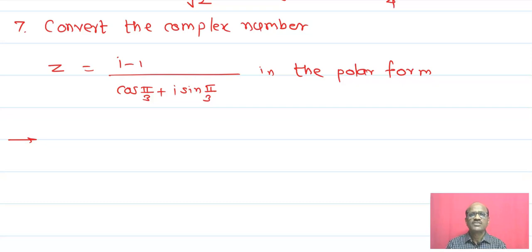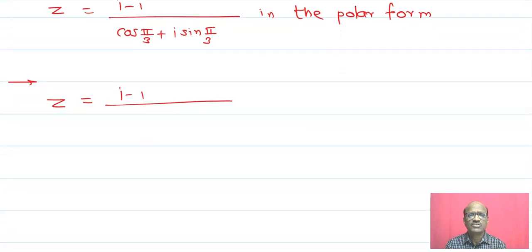Now next, convert this complex number into the polar form. Though if you see this problem, it will look very complicated, but it's very simple. That is z equals i minus 1 times cos of pi by 3 plus i times sin of pi by 3. Substitute the value.